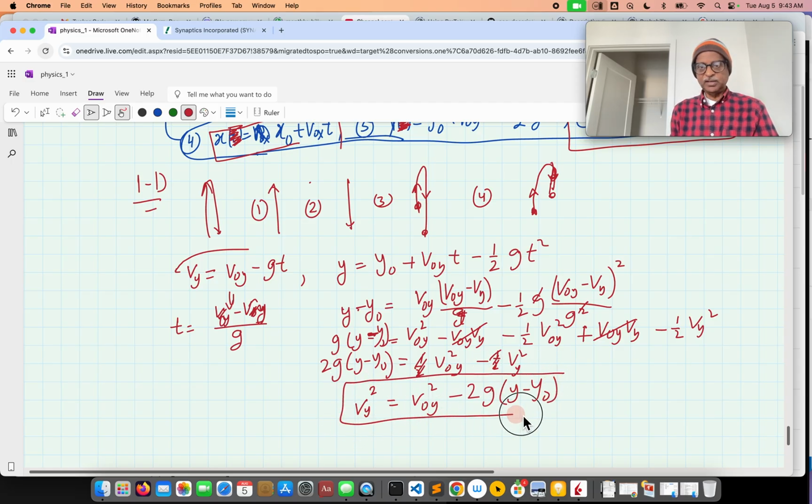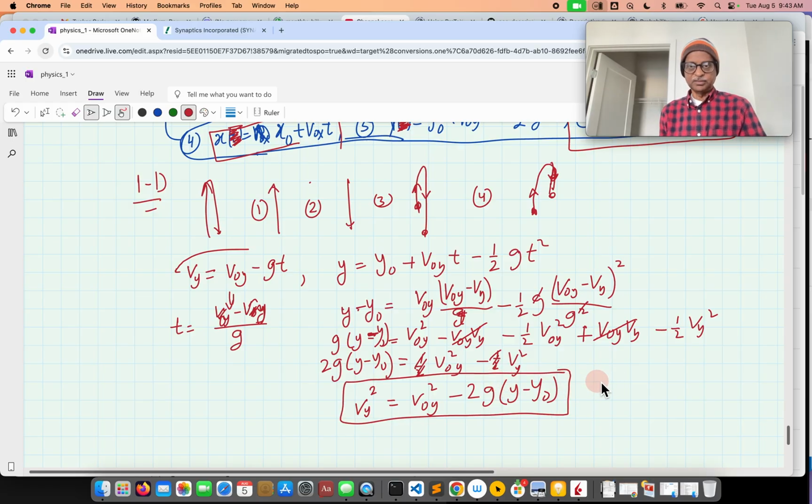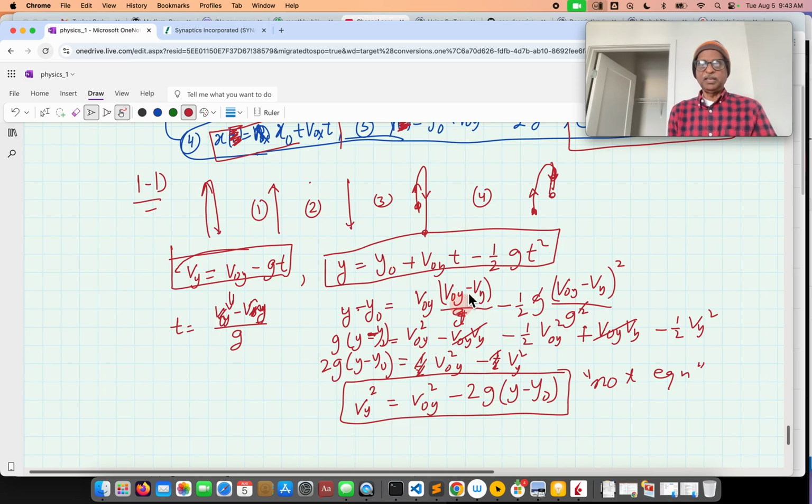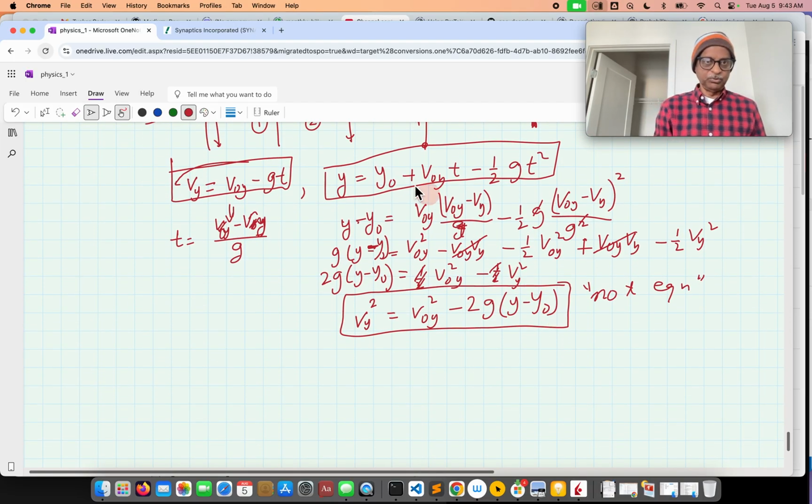This is another very important thing to memorize, the so-called no t equation. But actually this just came out from these two. So these are only two equations that you derived, and from there you can manipulate to get t, remove t. Okay, let's do a numerical example of this before I get too far.